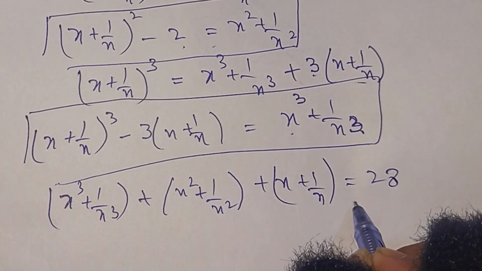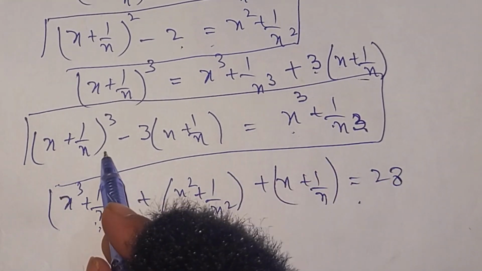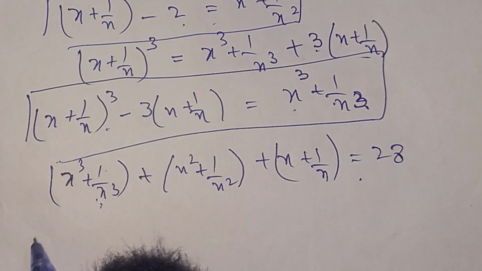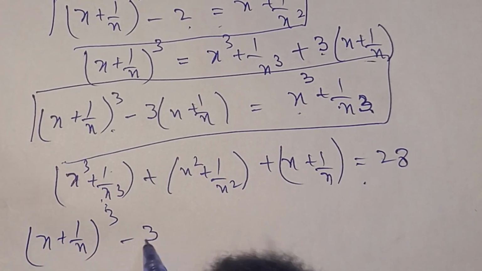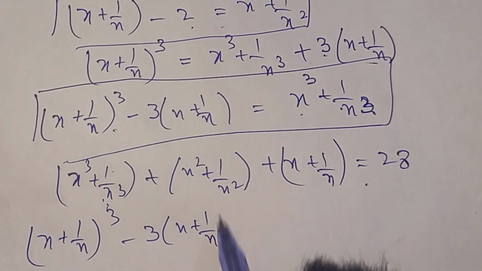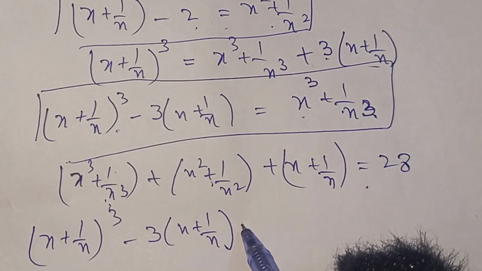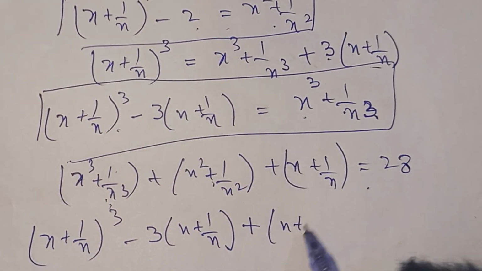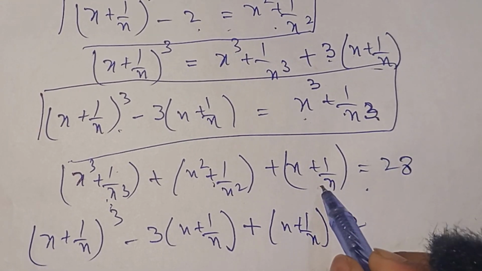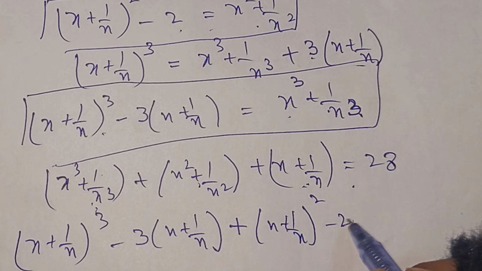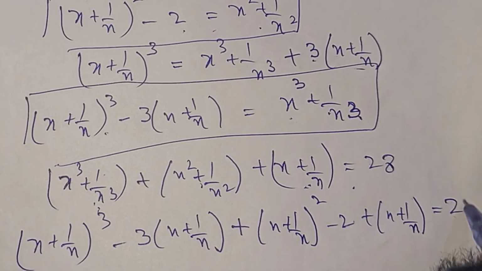So x³ + 1/x³ is equal to (x + 1/x)³ − 3 times (x + 1/x), and x² + 1/x² is equal to (x + 1/x)² − 2, and we copy this term, plus (x + 1/x), and it's equal to 28.